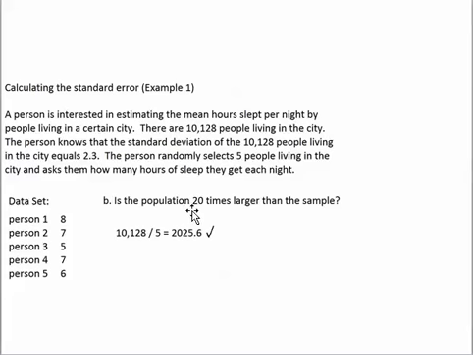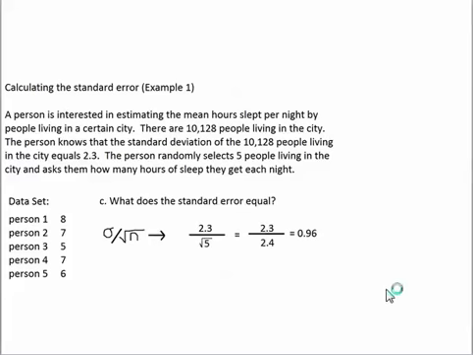Since the population is 20 times bigger than the sample, you don't have to worry about that FPC. You don't have to worry about the extension to the formula. We can just use the short formula. So this is the formula that we'll use since we're calculating a sample mean to estimate a population mean, and the population standard deviation is known.